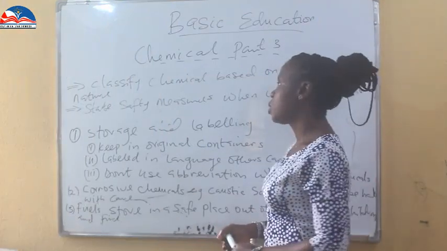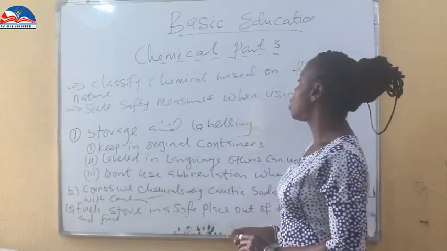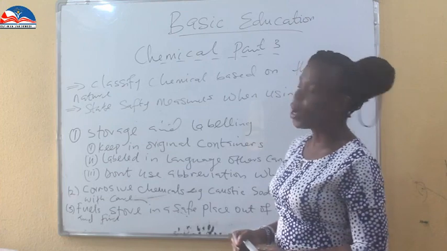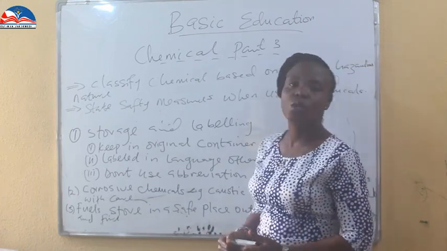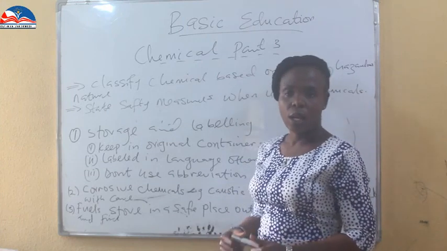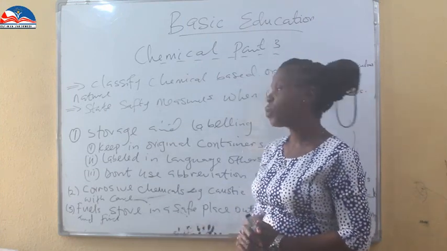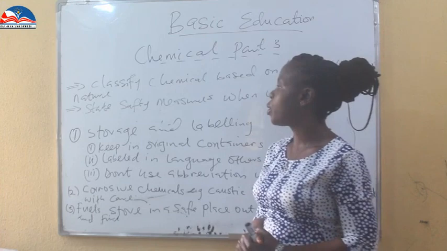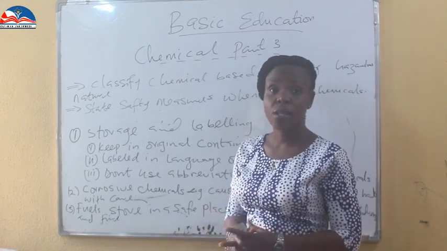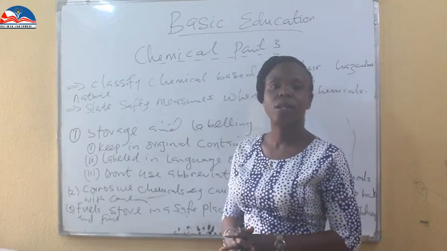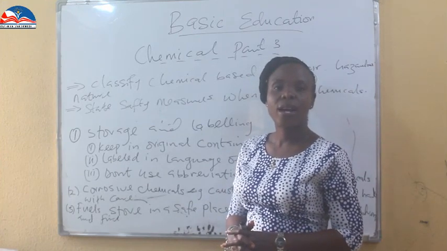Second objective, which is measures when we are using chemicals. There are a lot of measures we need to take. Let's talk about some of them. 1. Storage and labeling. When you are storing your chemicals and labeling your chemicals, it requires a lot of care.